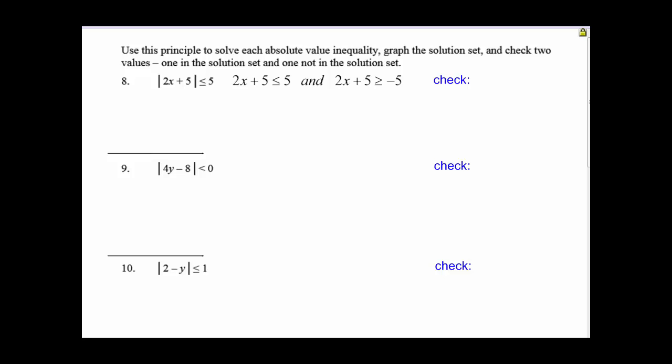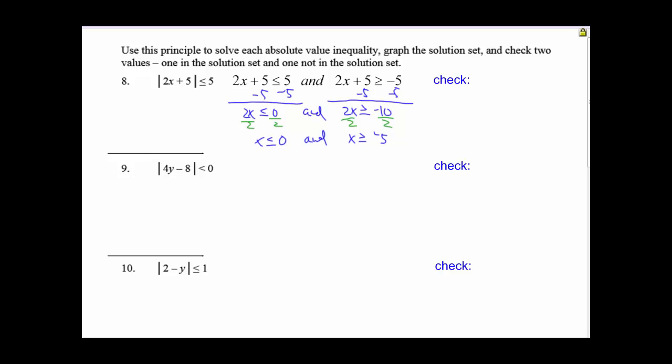We need to move the 5 over, so we're going to subtract 5. That gives us 2x is less than or equal to 0, and 2x is greater than or equal to negative 10. To get x by itself, we're going to have to divide by 2. And on the first equation, we get x is less than or equal to 0 divided by 2, which is just 0. And x is greater than or equal to negative 5.